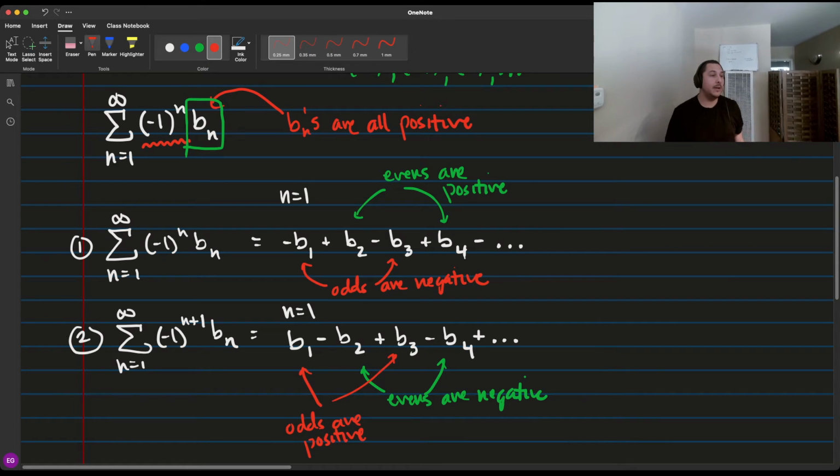So every single alternating series is going to be written in one of these two forms. Usually it's helpful to know that if you have -1 to the n, it starts off as negative. If it's -1 to the n plus 1, it's going to start off as positive. It just makes it so you don't have to plug in stuff and you just start noticing it. And it makes it easier to deal with. And if you're aware of this, you're like, oh, okay, that's not that bad.